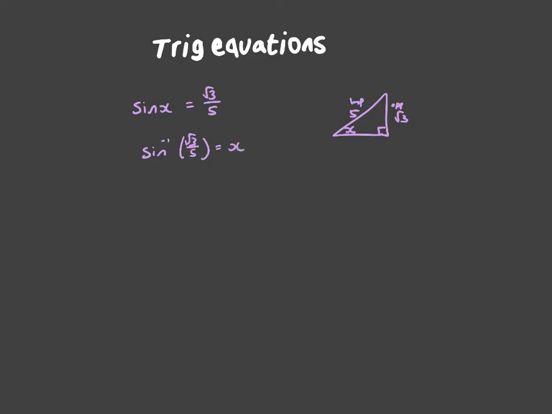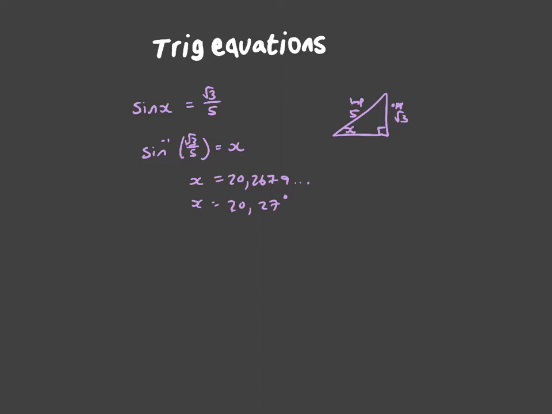If you type that on your calculator, you're going to get x equal to 20.2679, and so on. Rounded to 2 decimal places, that is 20.27 degrees. So the reference angle is 20.27 degrees when the ratio of a sine function is √3 over 5.